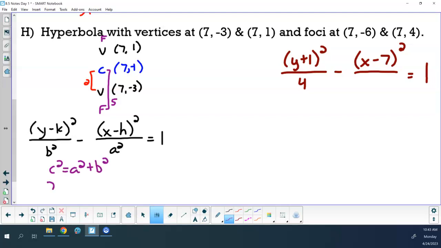C squared I know is 25. B squared I know is 4. So A squared would be 21.